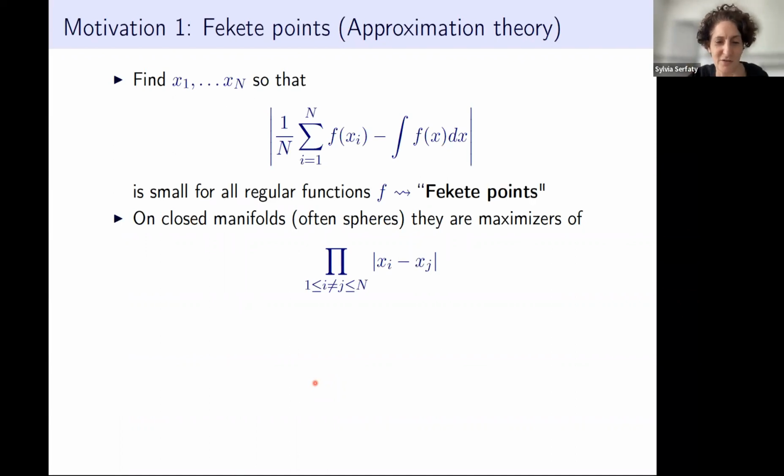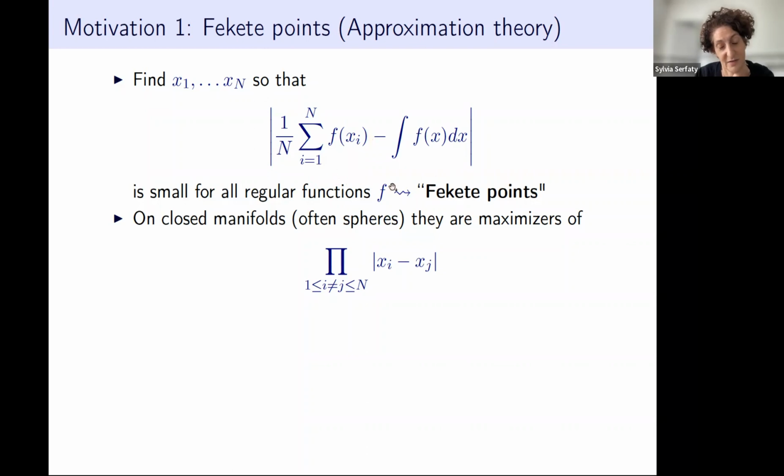I think in this audience, you know about this one, certainly Fekete points and approximation theory. Minimizing these types of energies can be useful to distribute points, good distributions of points. Also distributions of points that approximate well an integral. So if you want to approximate integral of a function by a Riemann sum, where do you put the points?